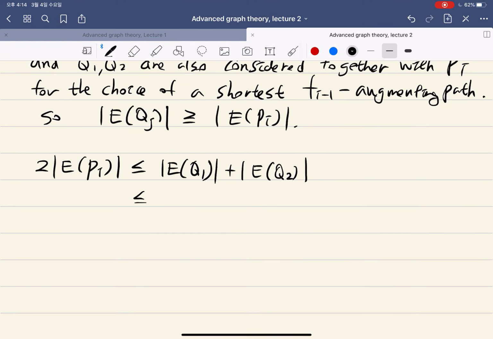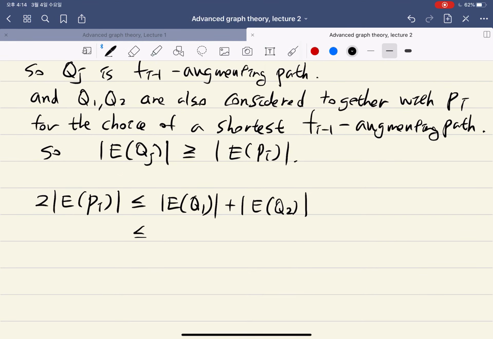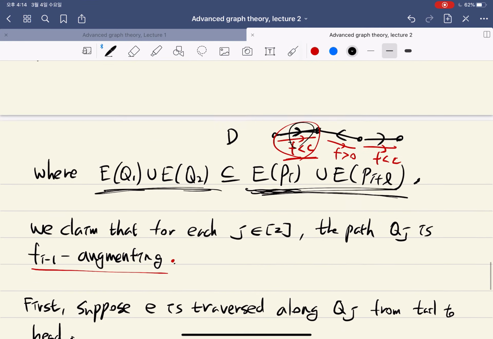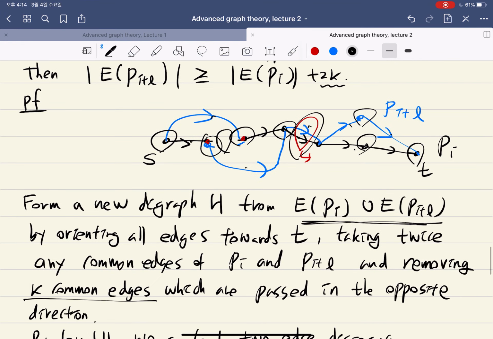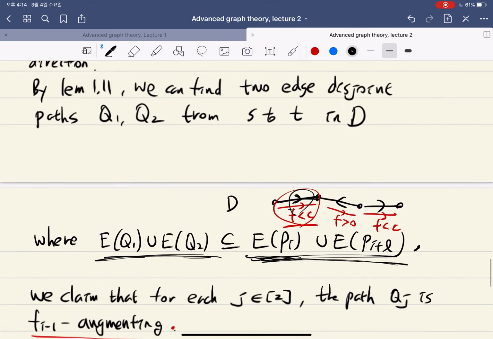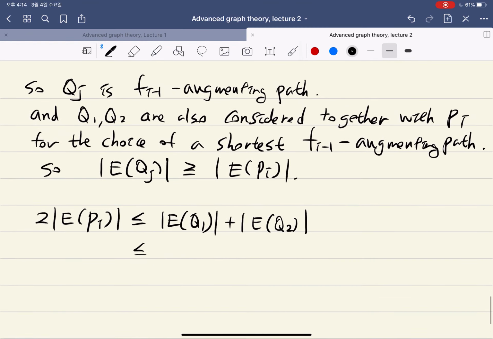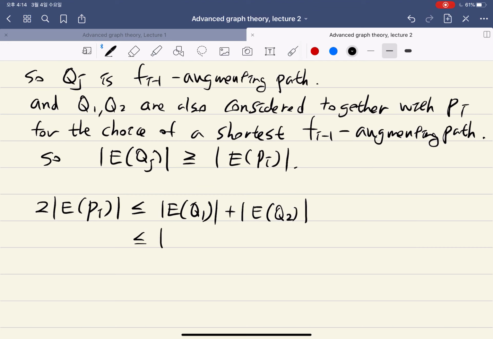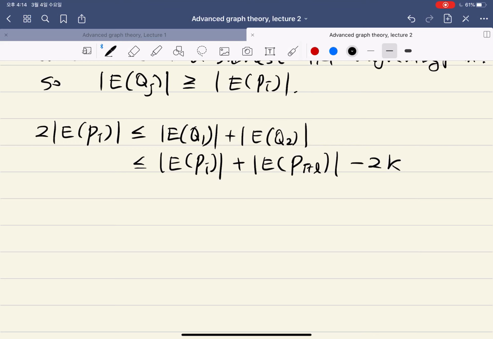And then the Q1, Q2 are the composition of this directed graph H. And how we obtain it is we take the edges of Pi and the edges of Pi plus L, and we delete all the edges which are in opposite direction in those paths.